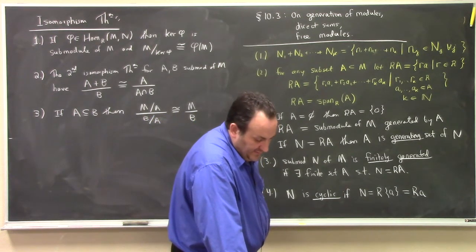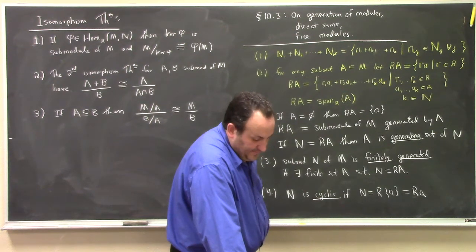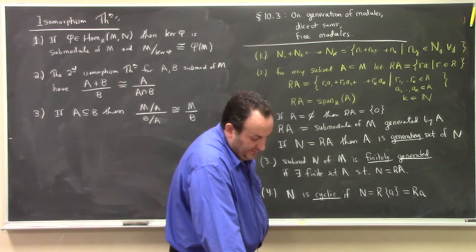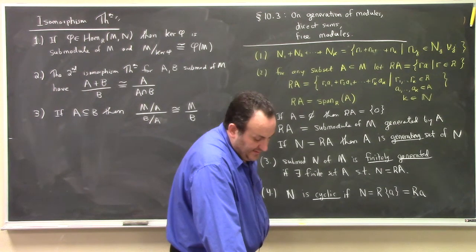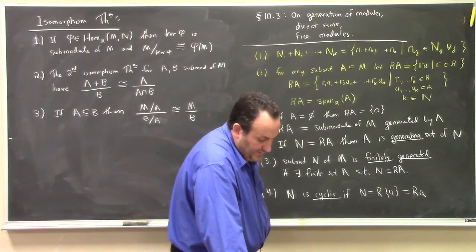But what's interesting, of course, is to find a minimal set of generators, right? And if N is not finitely generated, it need not have a minimal generating set. The process of generating submodules of an R module by taking subsets of A and forming all finite linear R linear combinations will be our primary way of producing submodules.